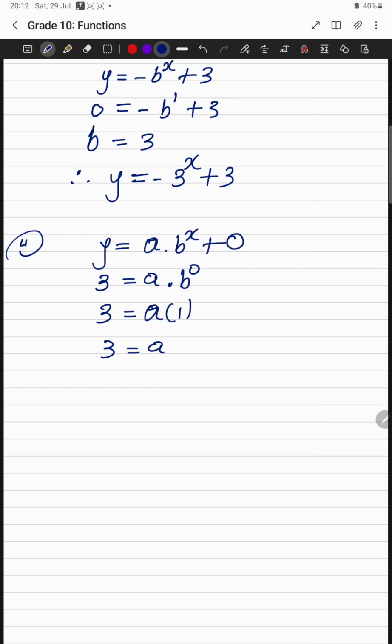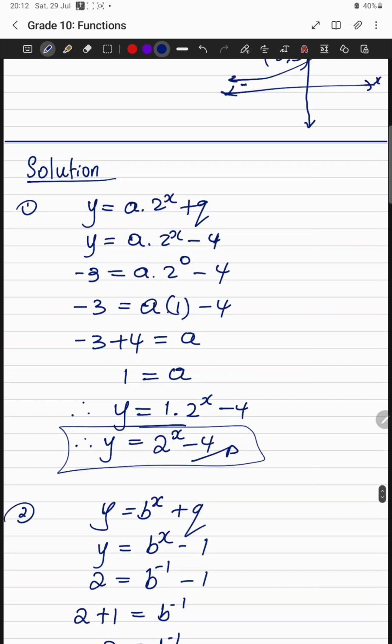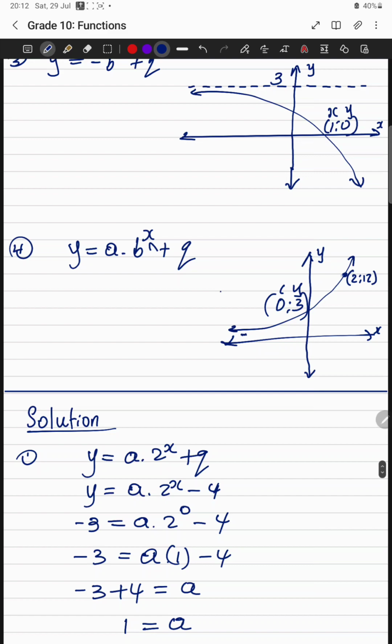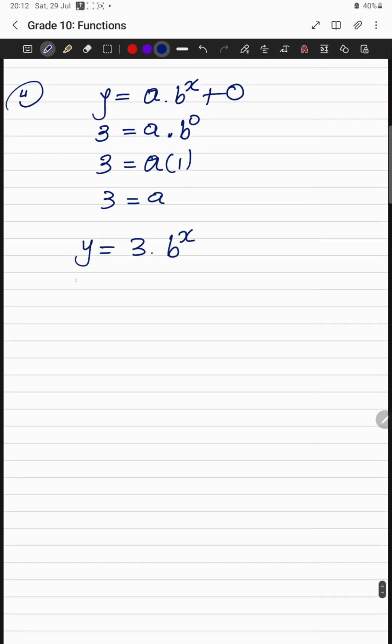So we've got a now. So our graph now is 3 times b to the power x. The next step is to get the value of b. How do we get the value of b? Definitely we're going to use another point on the graph, which is x and y, 2, 12. So in place of y, I'm going to put 12. In place of x, I'm going to put 2.